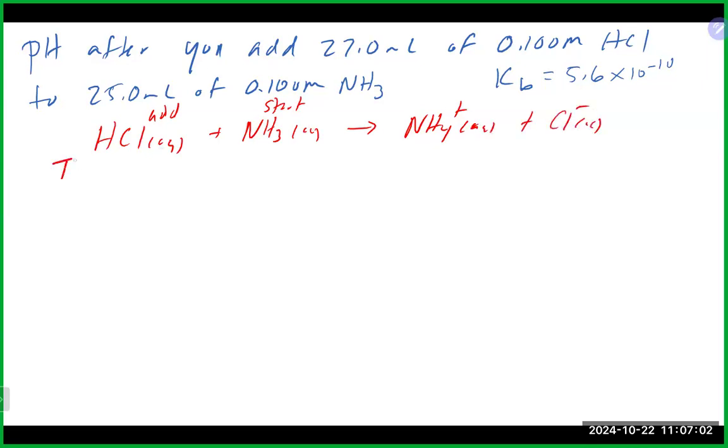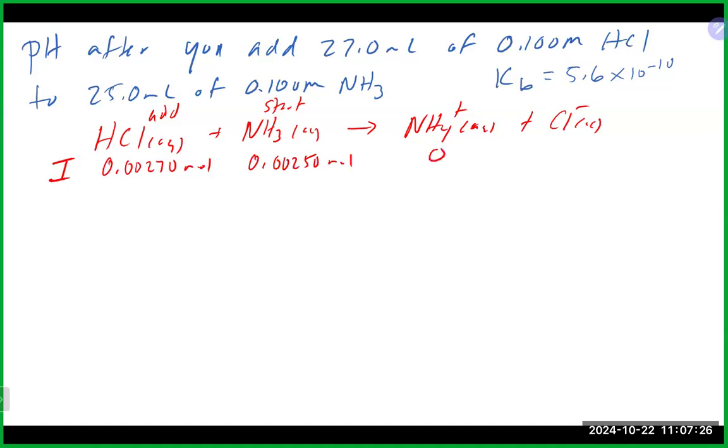We obviously need to do this in moles, so we'll take 0.027 times 0.1 for our HCl, and that will get us 0.0027 moles. We'll do our 0.025 times our 0.1 for our NH3 to get 0.0025 moles and 0.